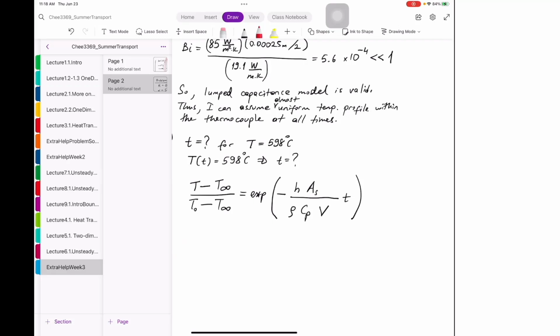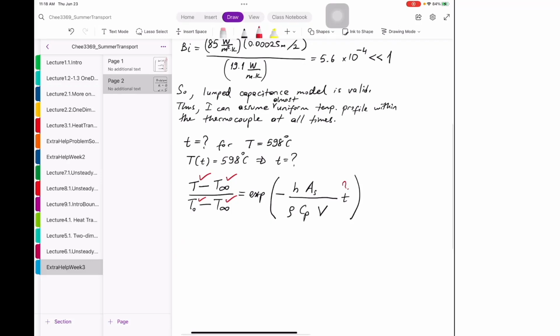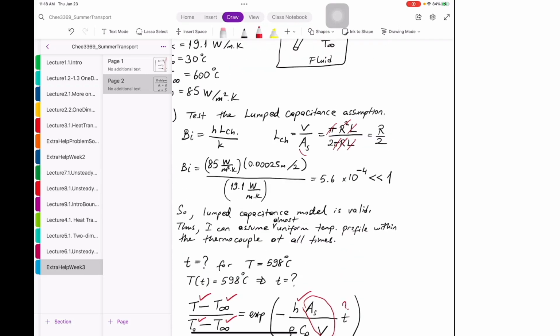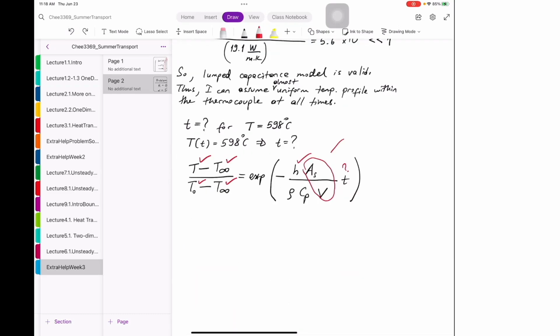Well, I know this thing is given, this is given, this is given, this is given, right? The final temperature. This is the question. H is given. Well, A_S over V, we calculated here, the other one was V over A_S, but you know that it's going to be 2 over R, right?